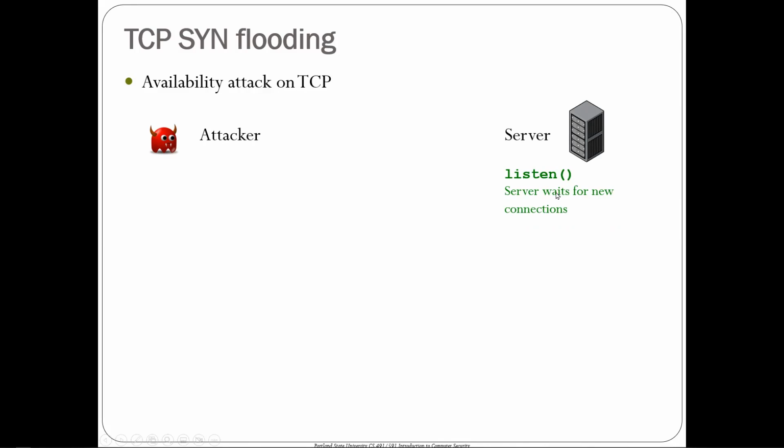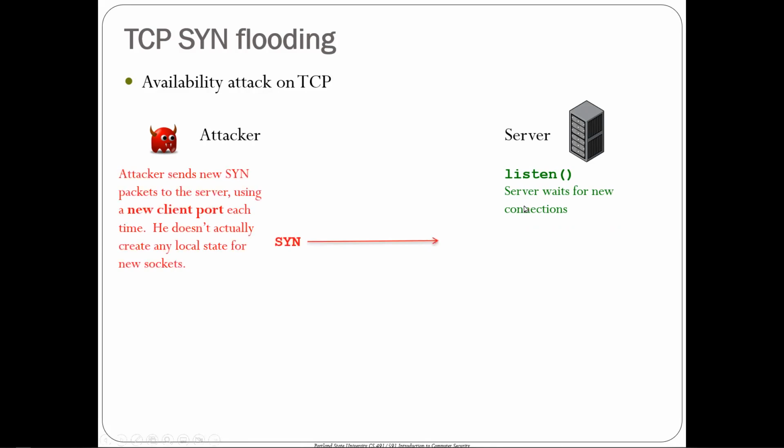Then what the attacker does is create a socket on its own local machine and set the client port of its connection, and send this TCP SYN packet to the server. Rather than keeping state around for this outgoing connection, the attacker has no intention of actually establishing a connection to the server.